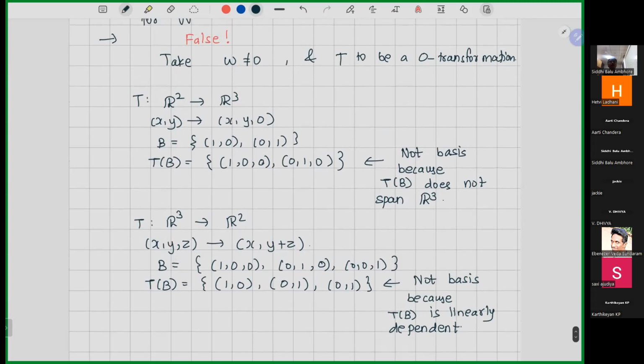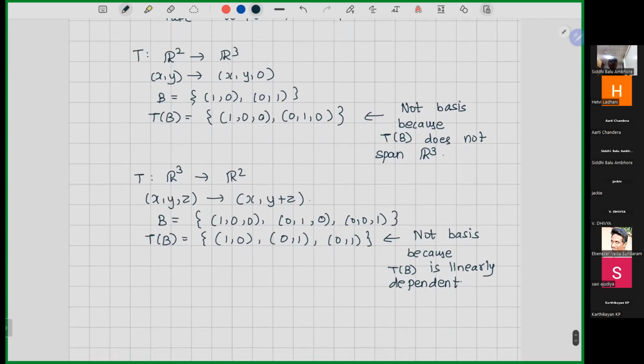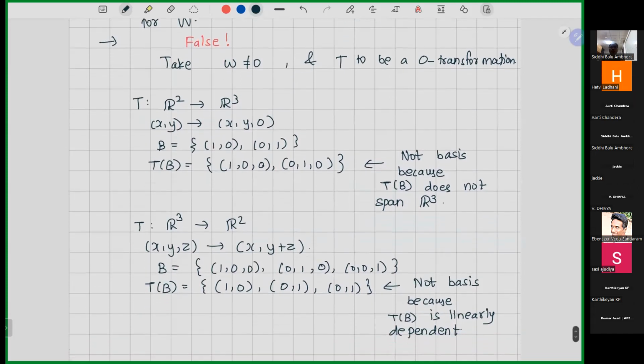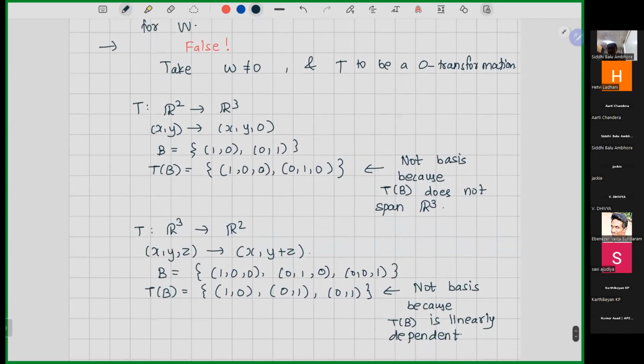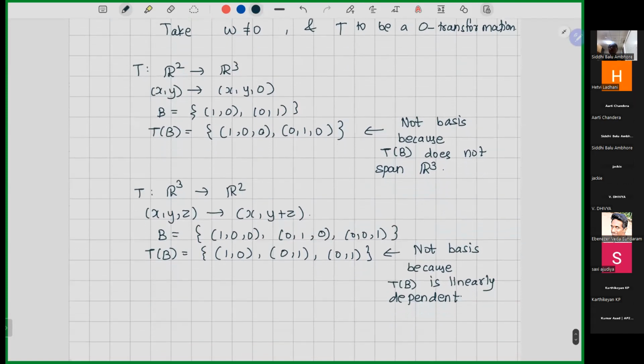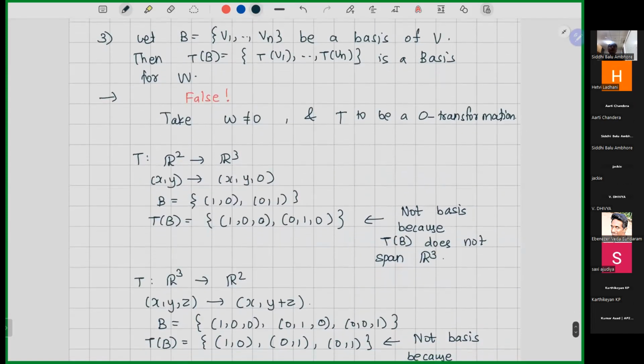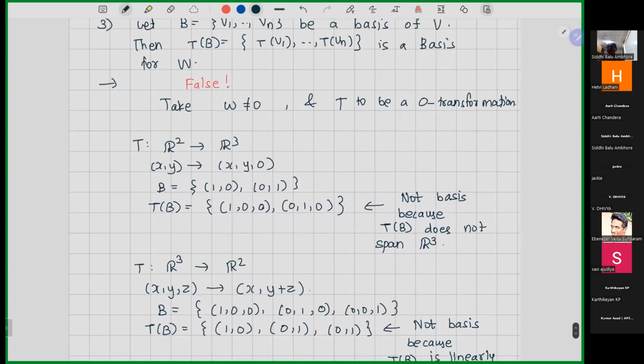So the zero transformation is always helpful, but we also should know that this actually happens: a spanning set need not map to a spanning set, and a linearly independent set need not map to a linearly independent set. Any doubts here? Like what is happening, how it is happening, or anything you're not clear with in definitions?